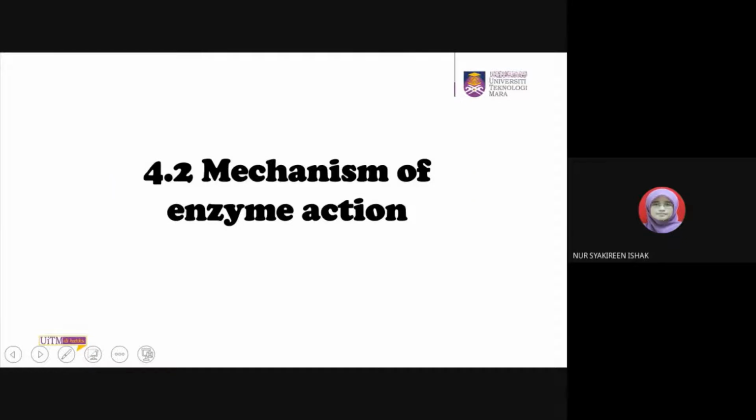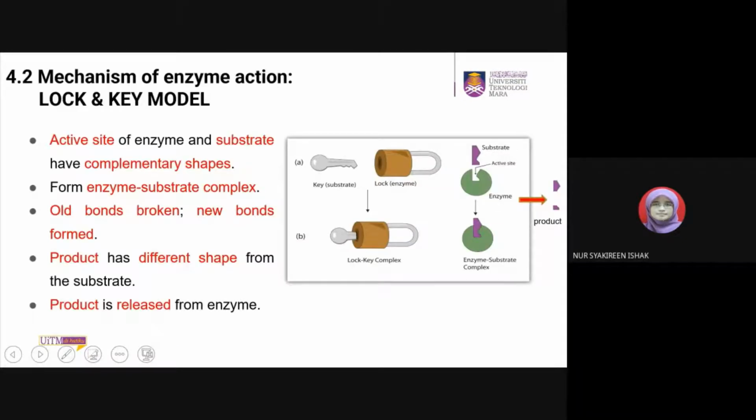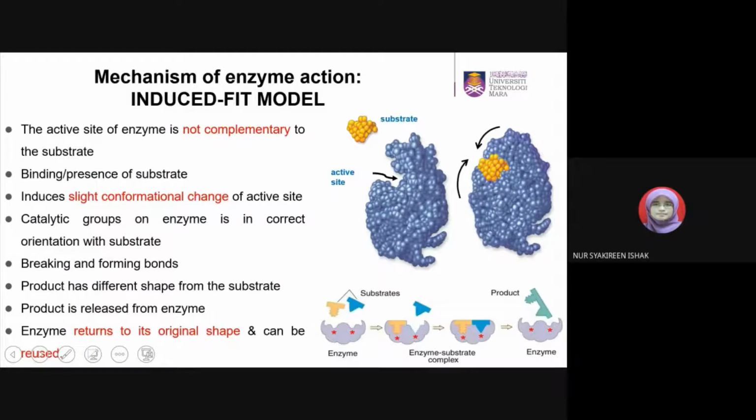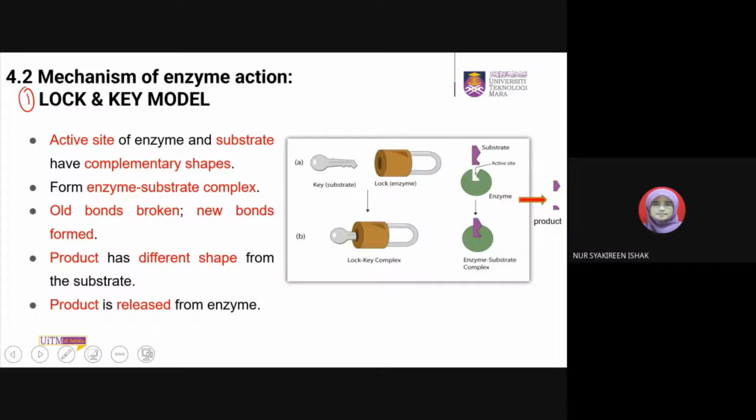So next is mechanism of enzyme action. There are two: the first one is the lock and key model and the second one is induced fit. We are going to look at lock and key first. The active site of the enzyme and substrate have complementary shapes.